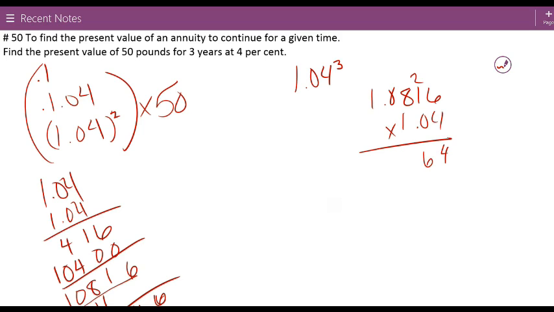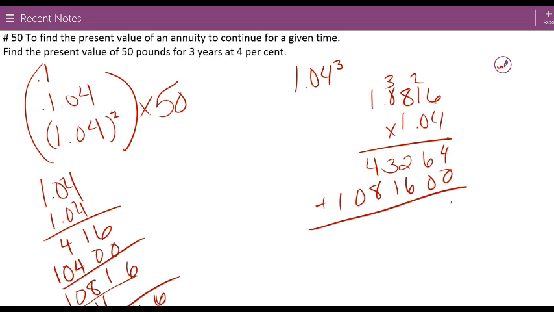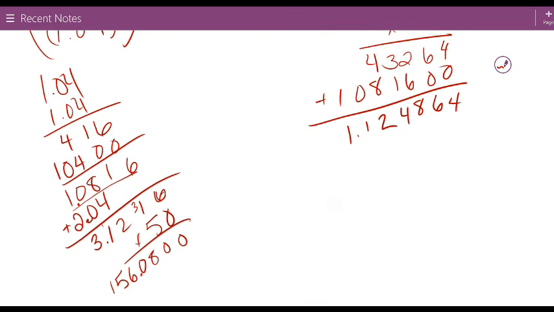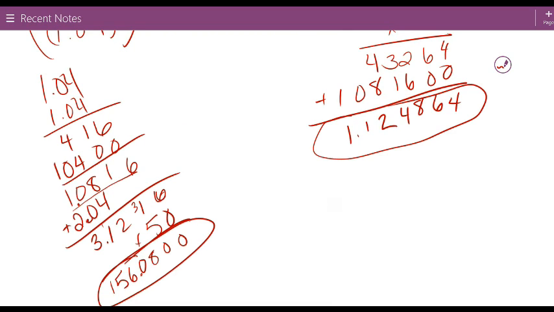Now we're going to divide what would have been our total annuity by the third year's interest factor.